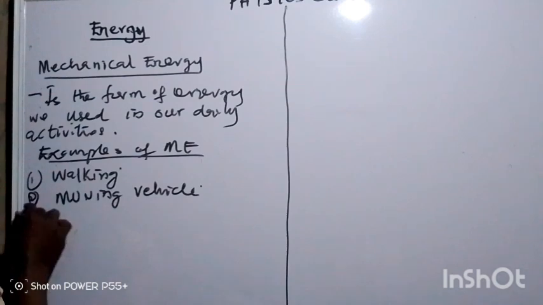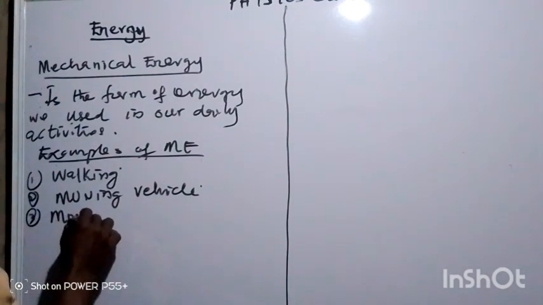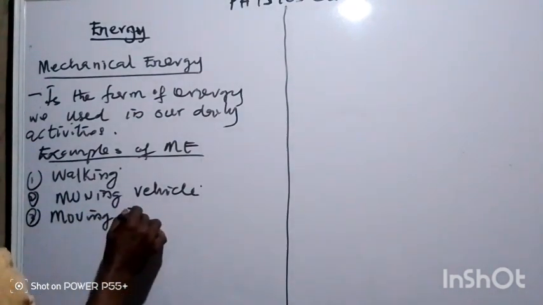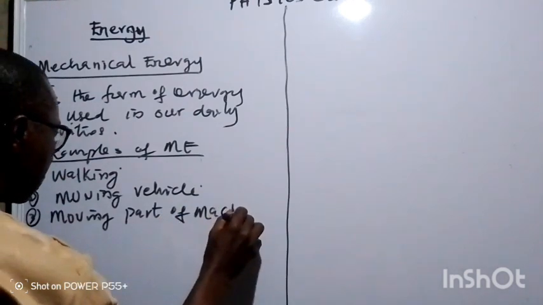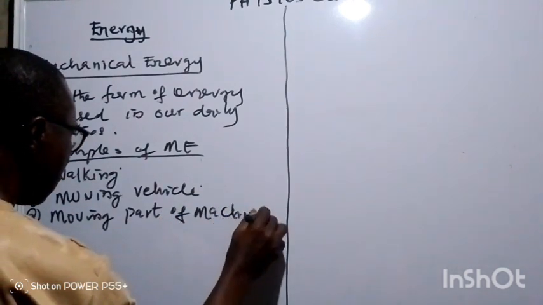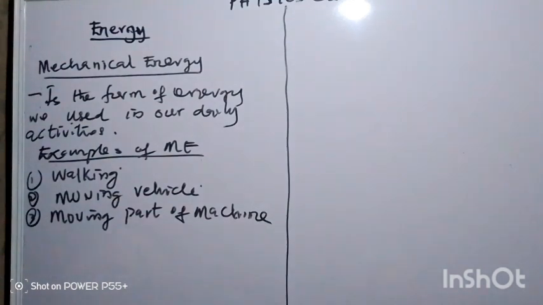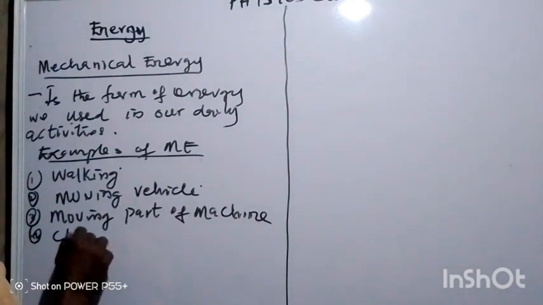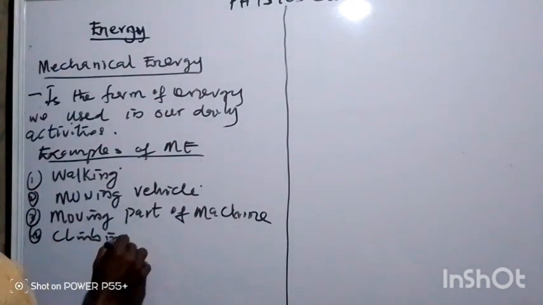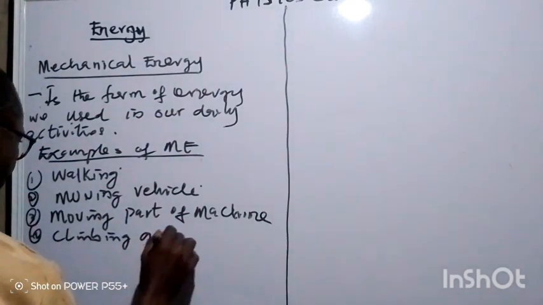3. Moving part of a machine. When any part of a machine is moving, it is mechanical energy. 4. Climbing a slant.